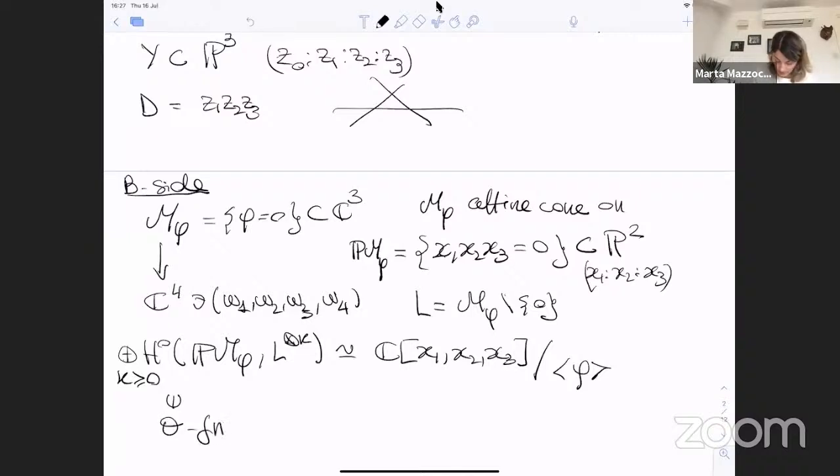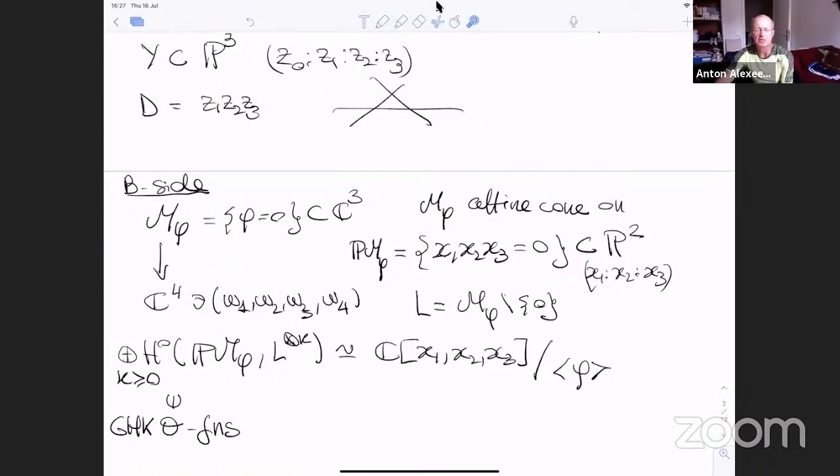So I should call them Gross-Hacking-Keel theta functions. By describing a quantization of this ring, we are actually giving some description of the theta functions in the non-commutative world. Are there any questions so far?